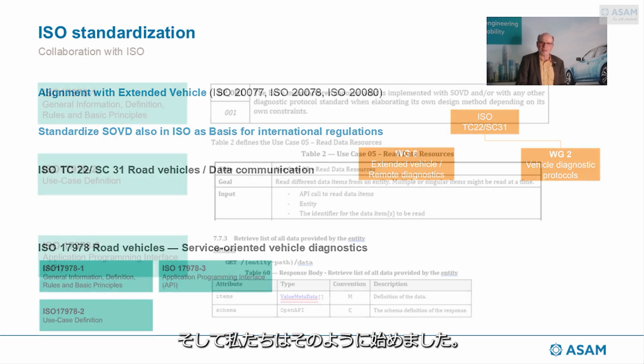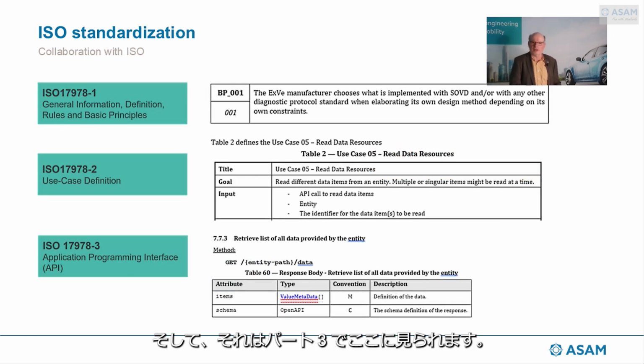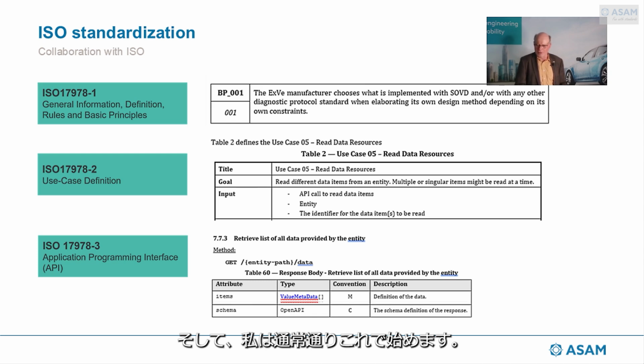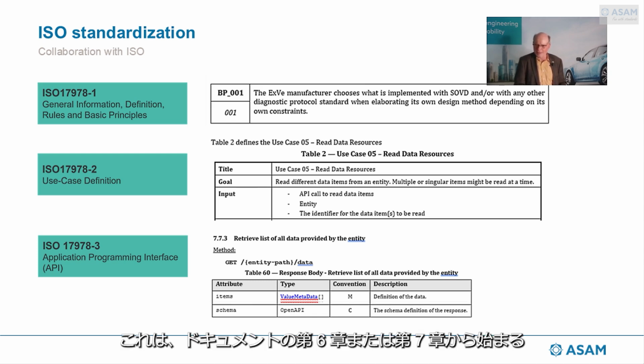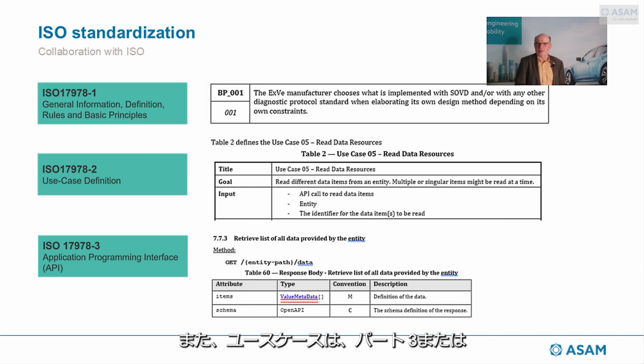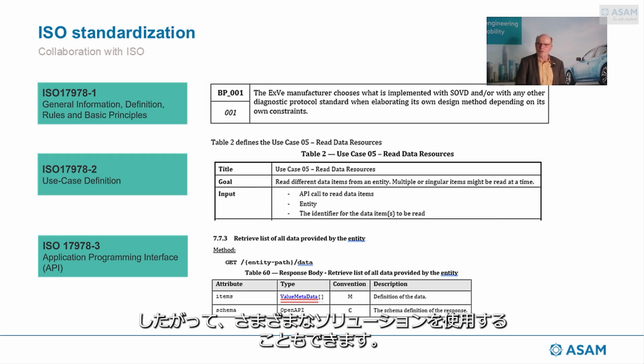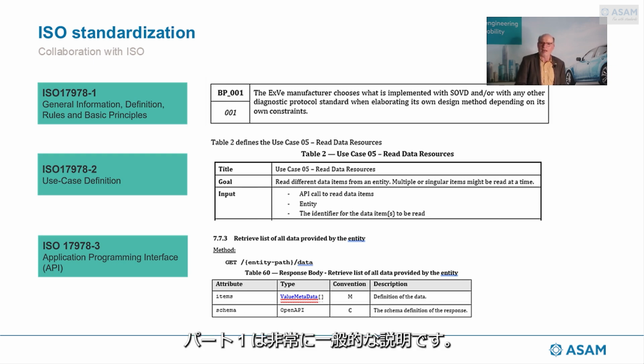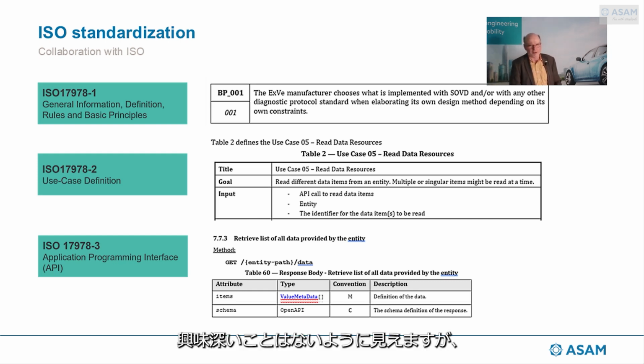We have started in such a way, and you see it here in part 3, that it's more or less the API description, which starts in chapter 6 or 7 in our document, and the use cases especially are written in such a way that they are independent from our part 3 or SOVD in general. So you can also use different solutions. And part 1 is a very generic description, not so interesting.